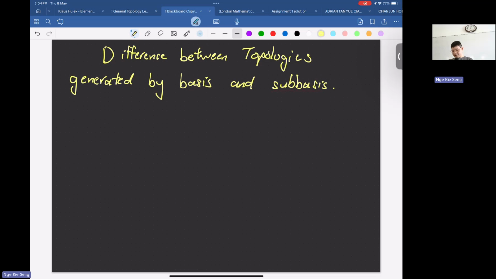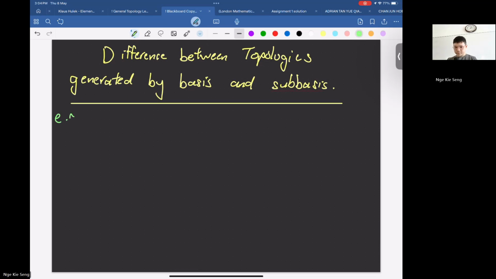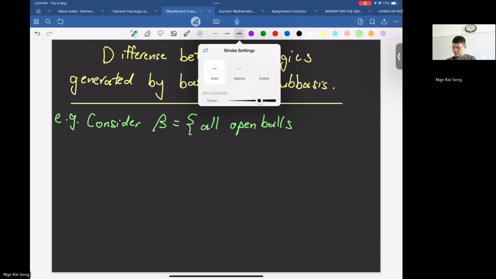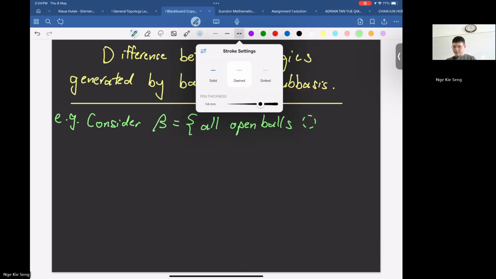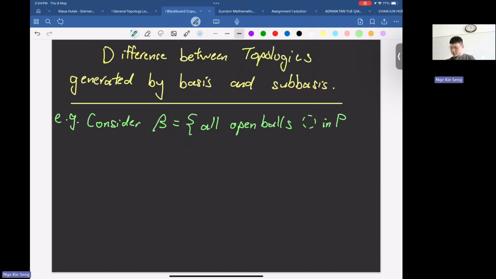For example, let's take the basis elements of all the open balls in R2.